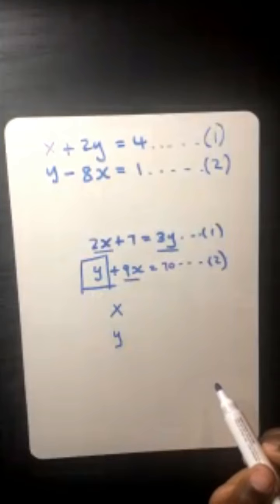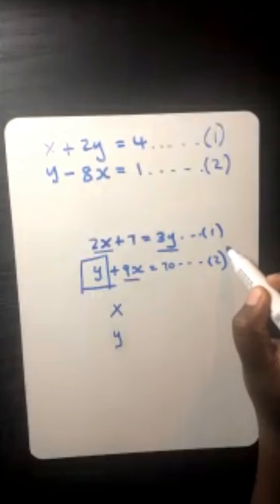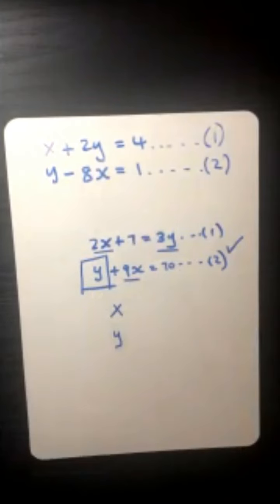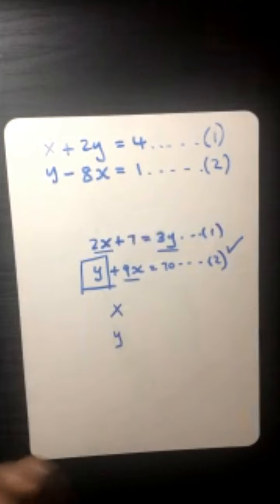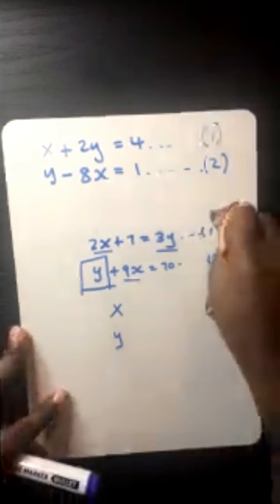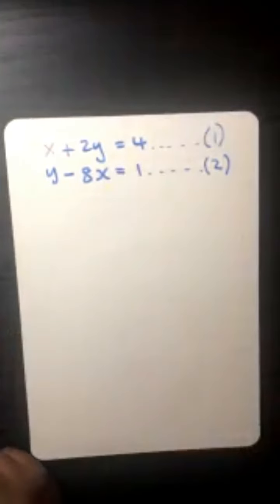So that means equation number 2 is the simple equation. Do you understand that part that I've just explained in terms of identifying a simple equation?